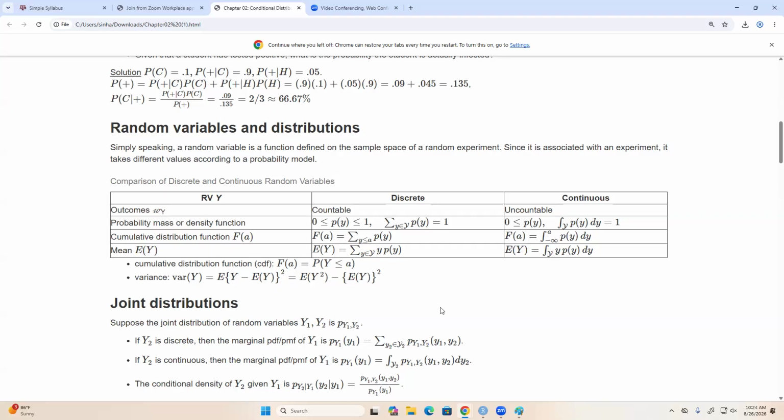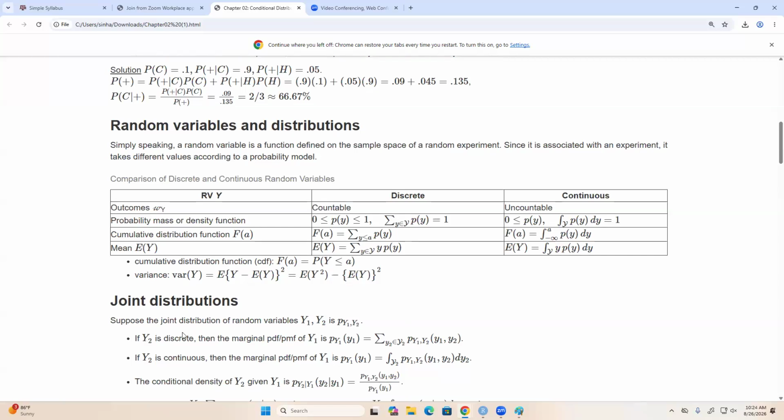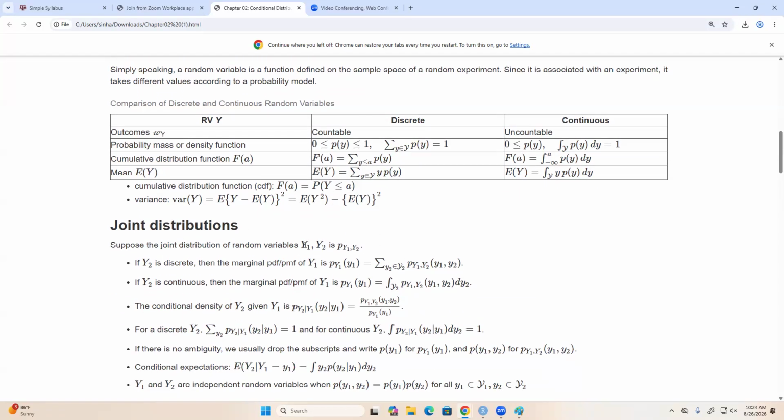And in this class, when we talk about a distribution, generally this refers to the probability distribution. So suppose I say the joint distribution of random variables y1 and y2 is p sub y1, y2. It implies the joint probability density function or probability mass function. So if y2 is a discrete random variable, then the marginal PDF or PMF of y1 can be obtained by summing over all possible values of the discrete random variable y2.